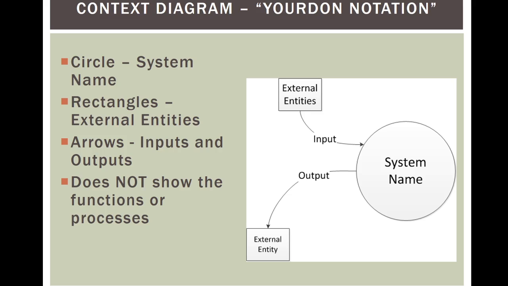These external entities are enclosed in a rectangle, and then those inputs and outputs are shown with an arrowed line. Again, this last little block does not show functions or processes. We're just looking at the system as a whole, and we're examining the environment that it lives in.